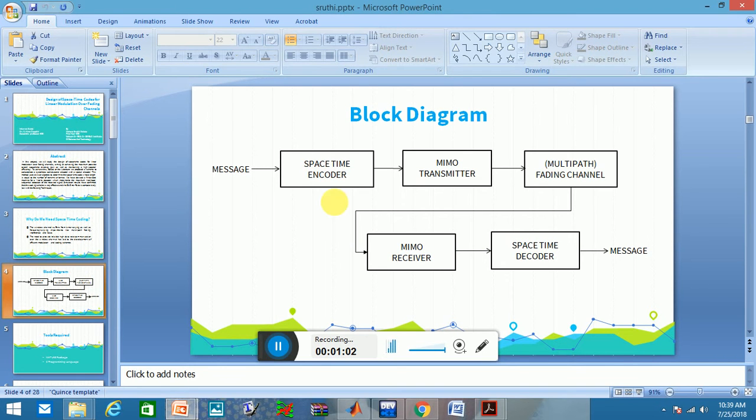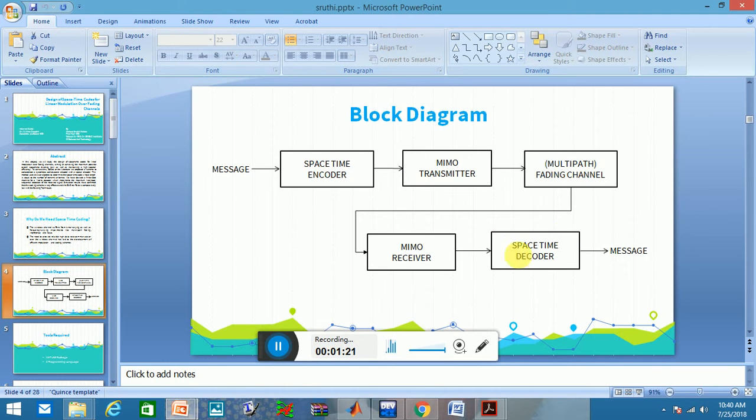In this block diagram, my main aim is to design the space-time encoder so that whenever a message is sent to the space-time encoder, it decides which message should be sent to which transmitter so that we have efficient communication.